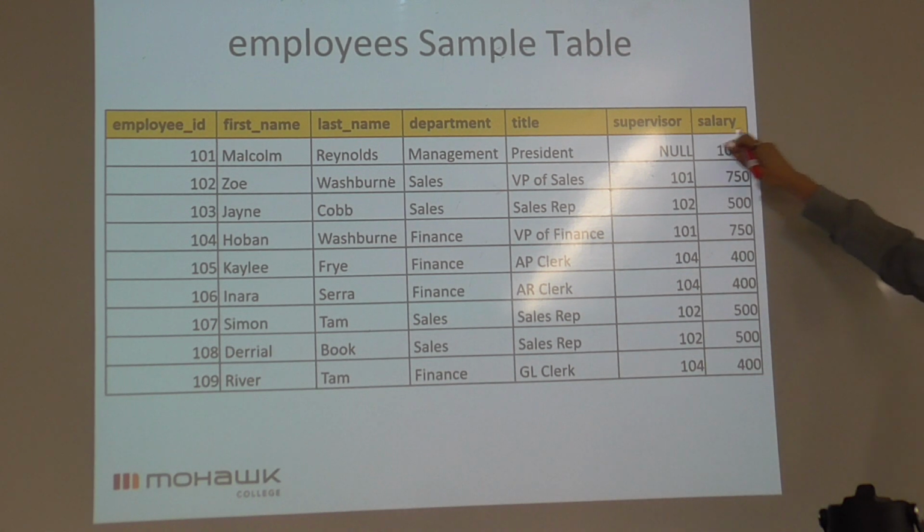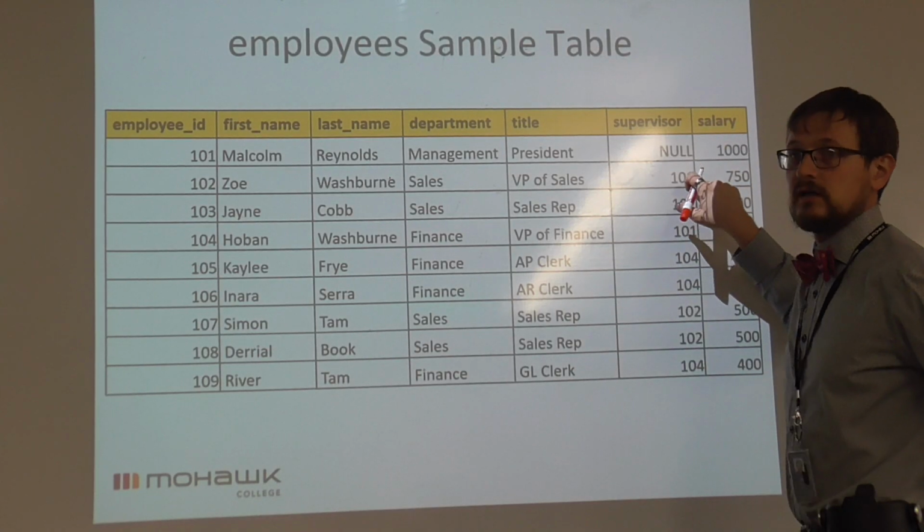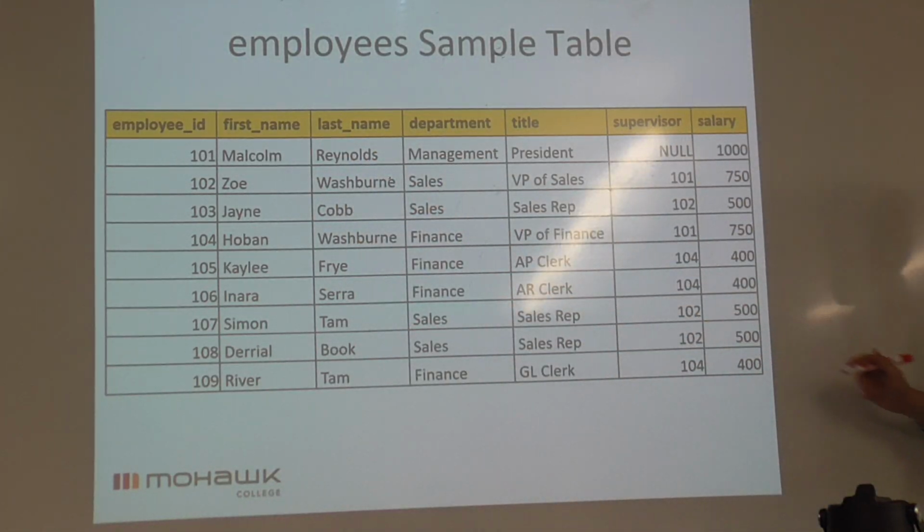Next, we have Zoe. Zoe, supervisor is 101. This is cross-referenced to this entry. First name from that entry is Malcolm, so you end up with Zoe, comma, Malcolm. Next entry, Jane, spelled like Wayne, but Jane.